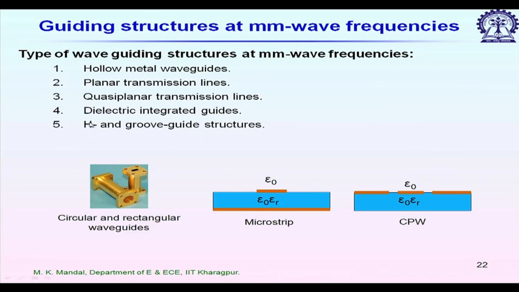H and group guide structures nowadays people do not use because it has some other problems. So, here we can see some typical guiding structures. The first one is circular and rectangular waveguides. It looks like hollow metallic pipe, you can see inside we have air, and this is a microstrip line.